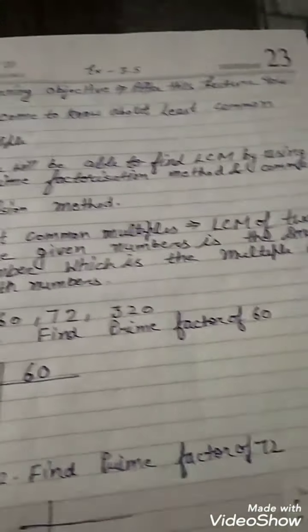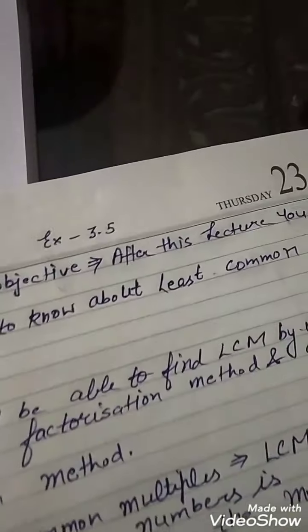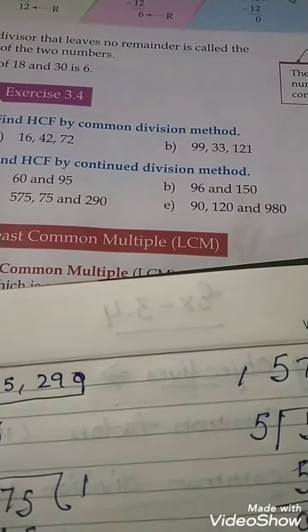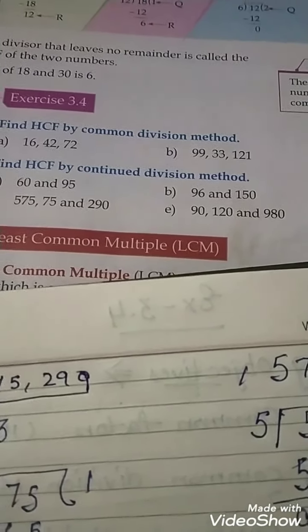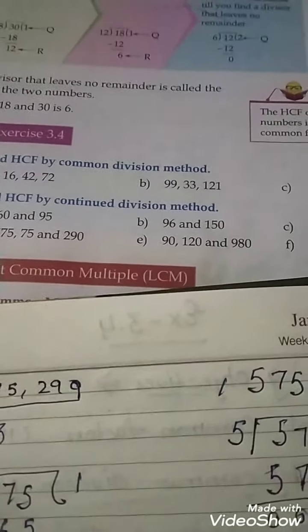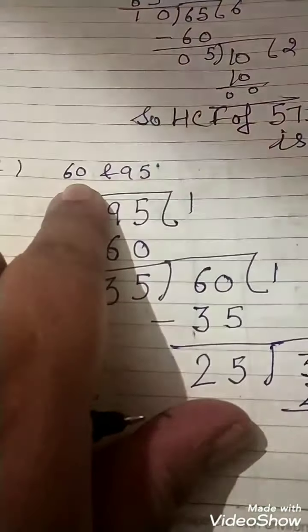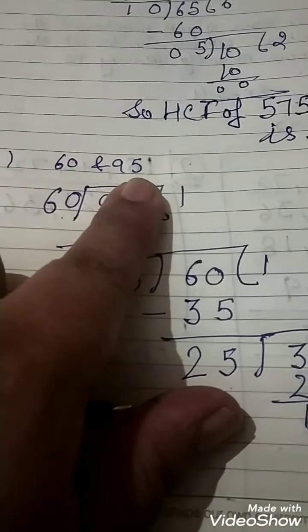Now come to the second method. The second method is to find the HCF by continued division method. So first of all, we will take the first example, first question, that is 60 and 95. Fine.